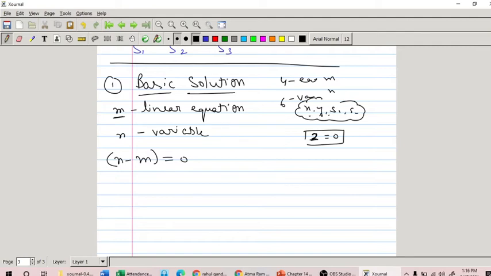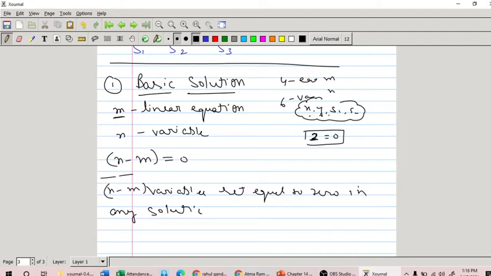So, the n minus m variables set equal to 0 in any solution are called non-basic variables, and the others are your basic variables.